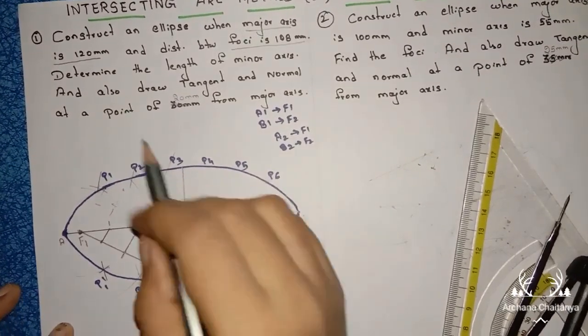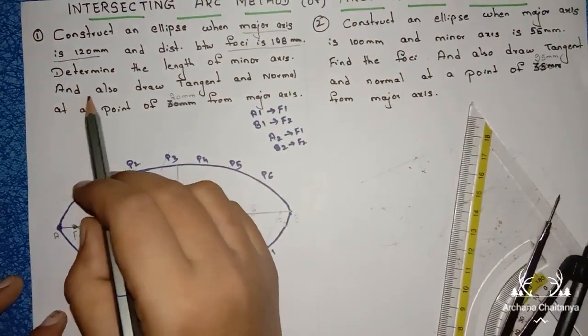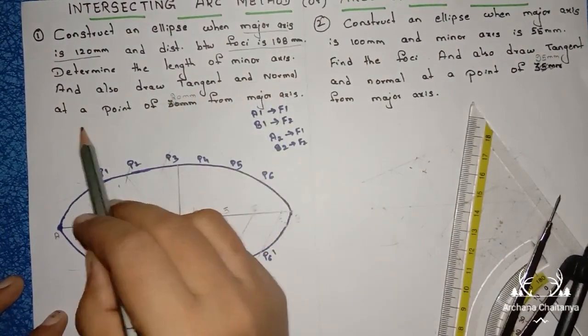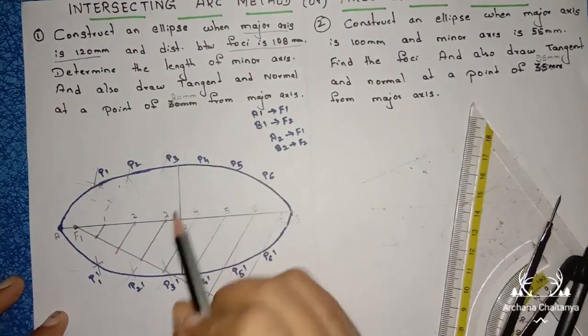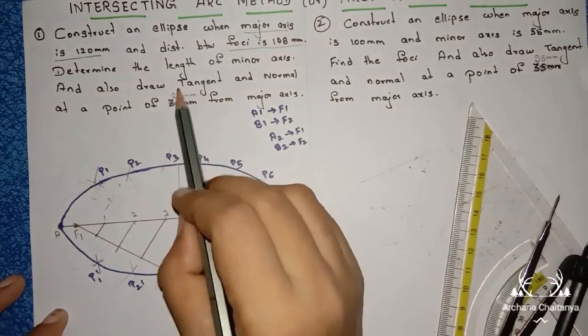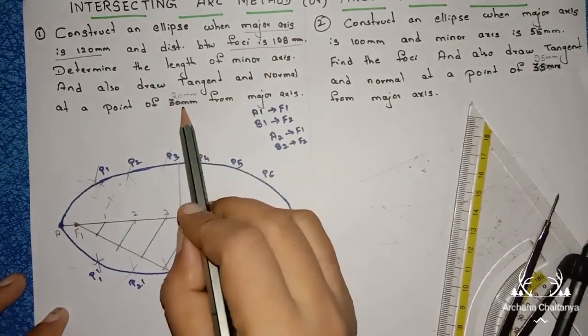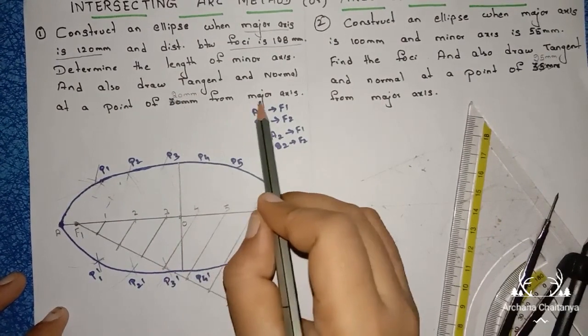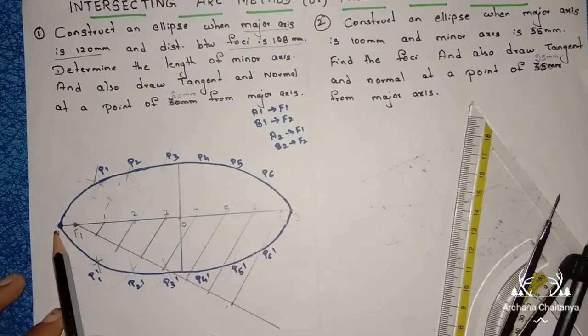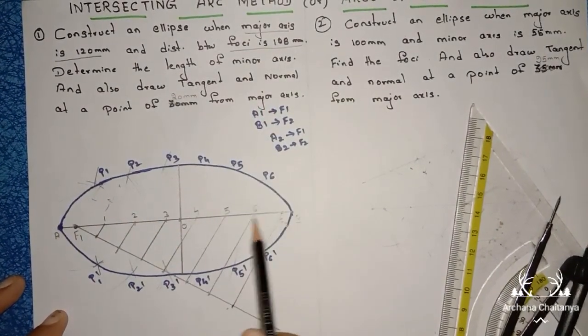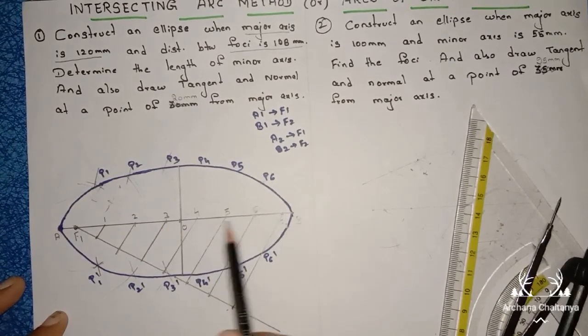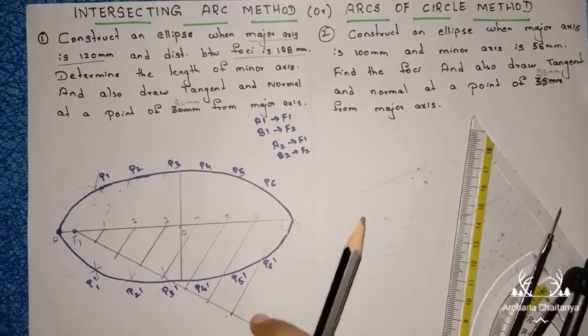Then the next part is you have to construct the tangent and normal at a point 20 mm from the major axis. This is your major axis.